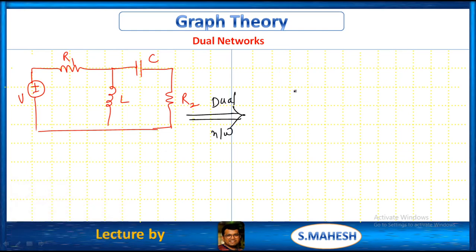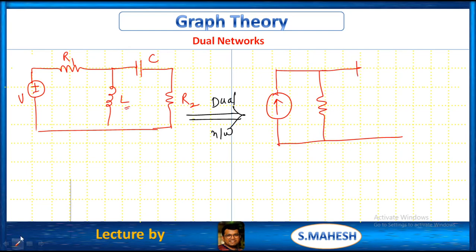Simple. There we have what? Voltage. Now we have what? Current source. There we have series resistance. Now we have what? Parallel conductance. There we have what? Parallelly connected inductor. Now we have what? Series connected. Sorry, capacitor.